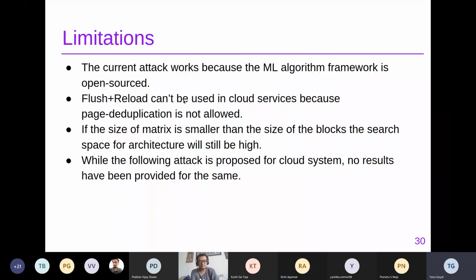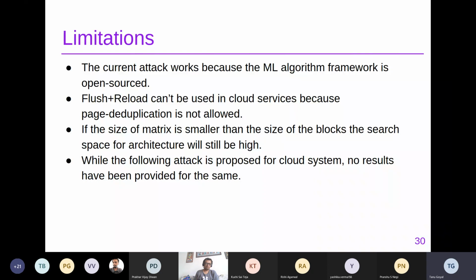So basically, we already know the block sizes, right? Since it is an open source implementation of the algorithm. For example, in the DNN, while building the architecture, they use a smaller number of neurons in the initial layers, and then more neurons for better learning and improved accuracy.